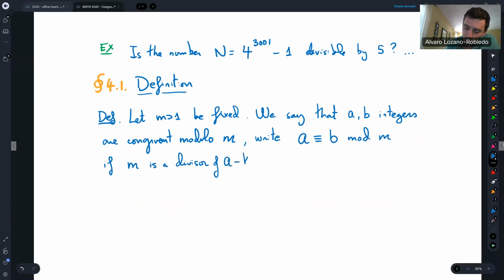It's a divisor of a minus b. Or in other words, a minus b is a multiple of m.